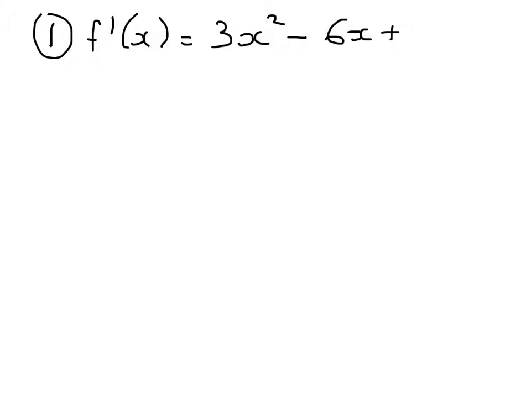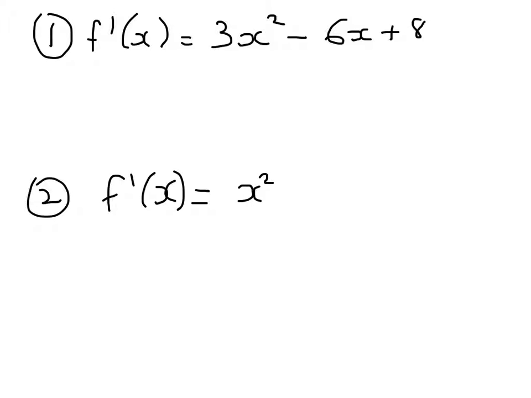Here's the first one. F dash of x equals 3x squared minus 6x plus 8. Here's number 2. F dash of x is equal to x squared plus 3x minus 4, and we'll just do 2 on here.